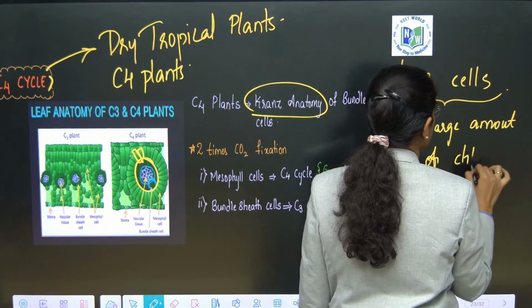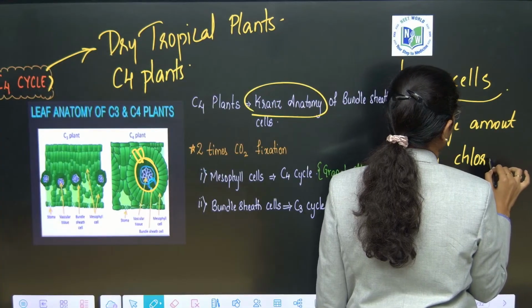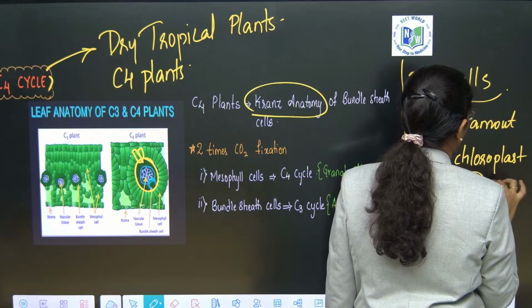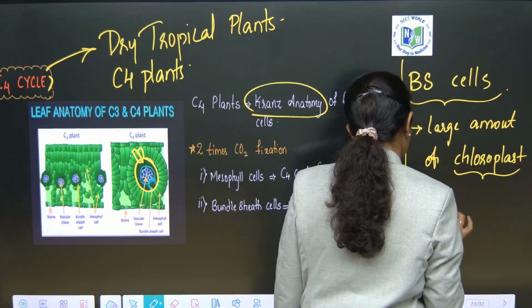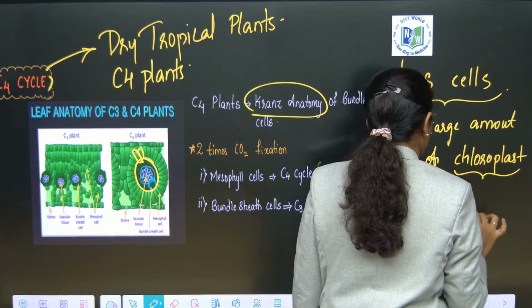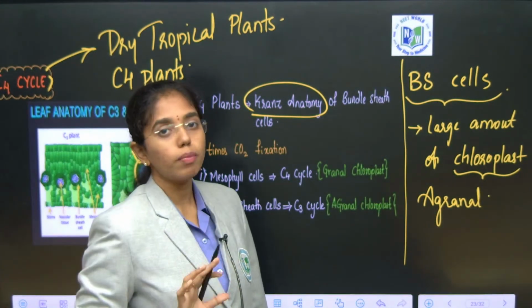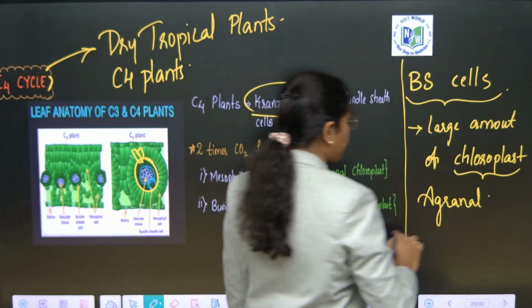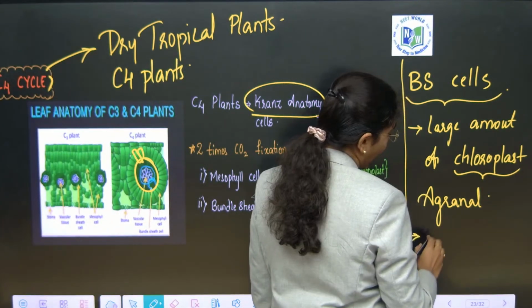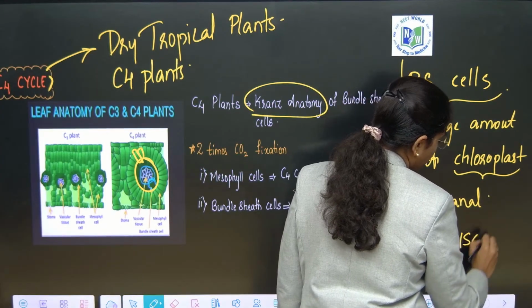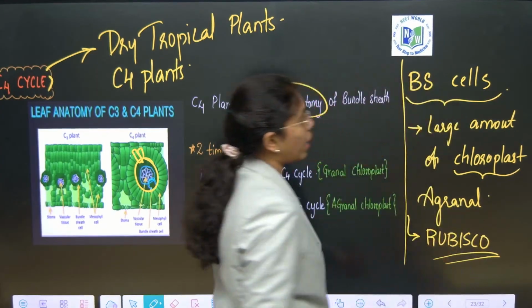These chloroplasts are agranal. There is no grana inside this chloroplast, only stroma is present, with stroma lamellae. And there is an enzyme, Rubisco, which will fix the carbon dioxide for the second time in the bundle sheath cells.